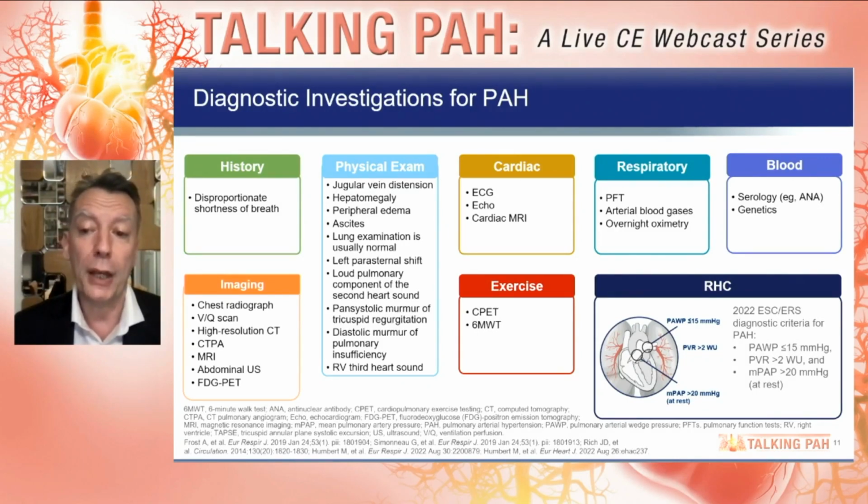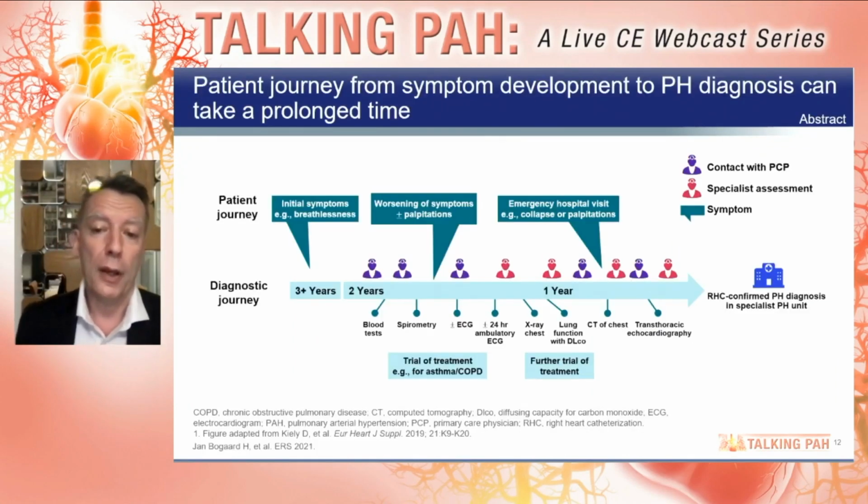And at the end of the day, PAH is more a diagnosis of exclusion of the most common causes. The patients, they may have consequences of this very long process to establish the diagnosis of PAH. And in the guidelines, we try to speed up the diagnosis of PAH.